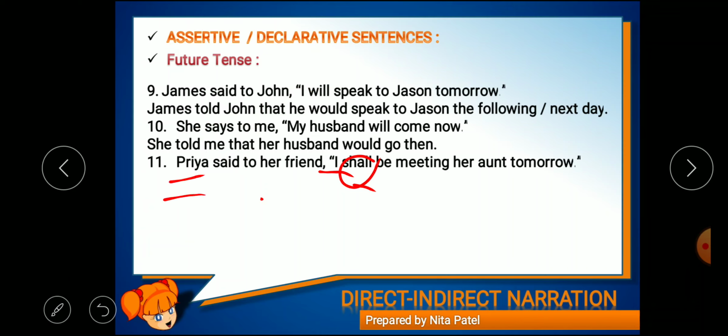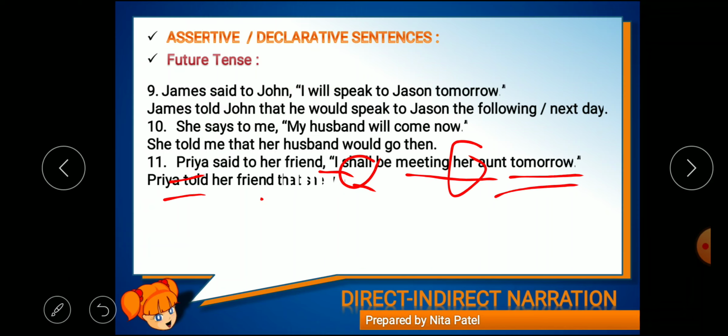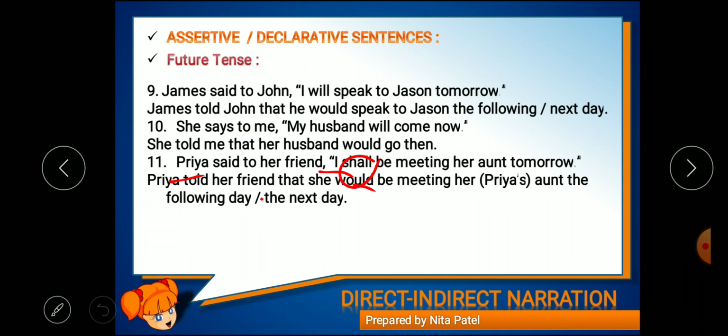So, she would be meeting her aunt. Her third person is there, so there wouldn't be any changes. "Tomorrow" will convert into the following day or the next day. So Priya told her friend that she would be meeting her aunt the following day or the next day.